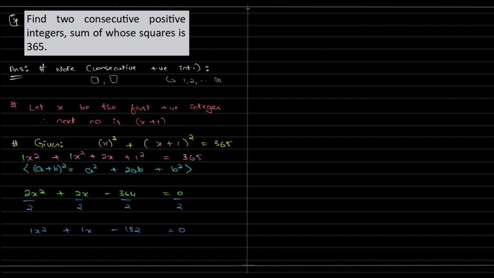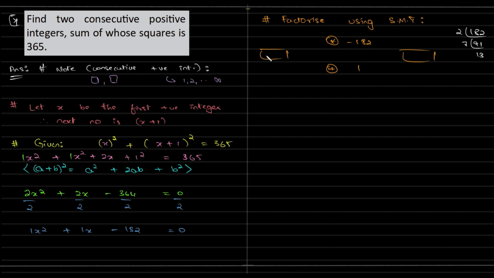Now let's factorize this using splitting the middle term. So the product should be minus 182 and the sum should be 1. To find the two numbers, we need to go with the factors of 182: 2, 91, 7, 13.